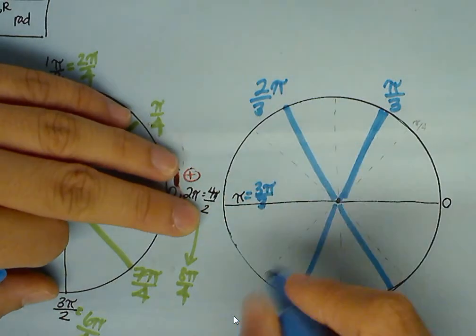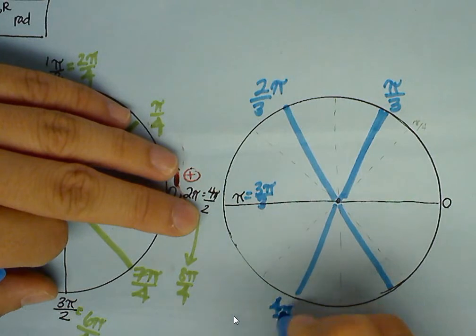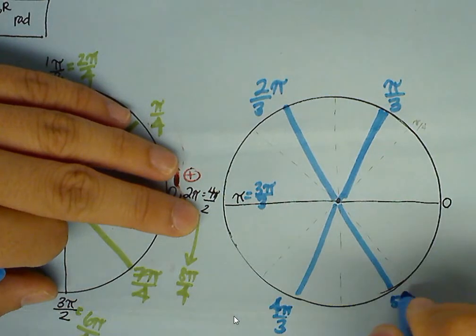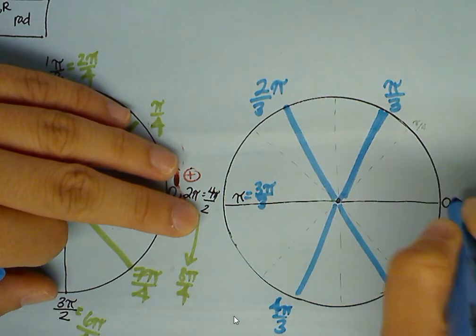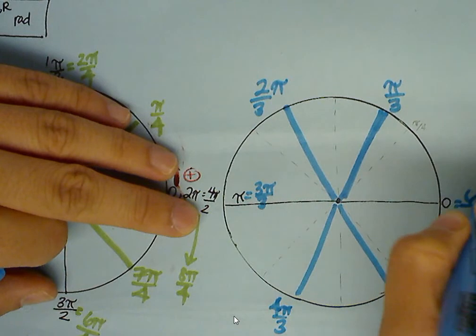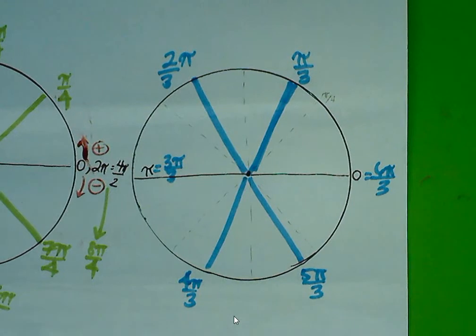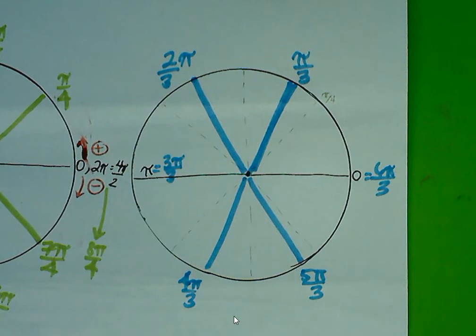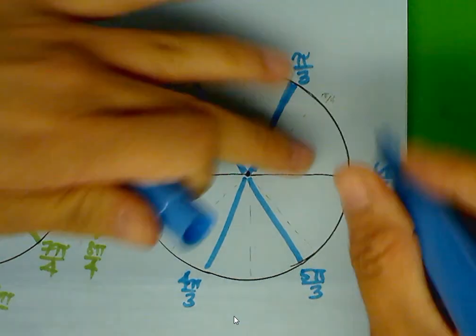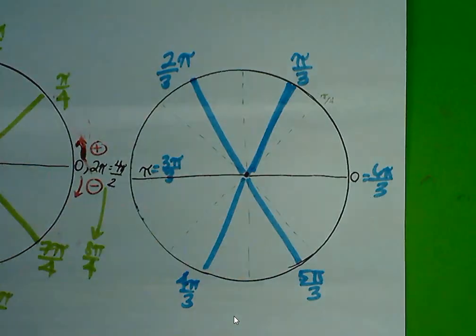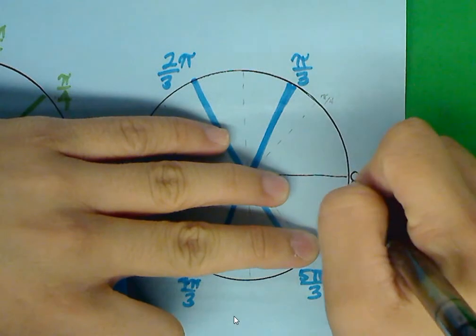So then this is 4/3 pi, 5/3 pi, and 0 is like 6/3 pi, or 6 pi over 3. Okay? Get me? 6 pi over 3? Because 6 divided by 3 is 2, and that equals 2 pi.